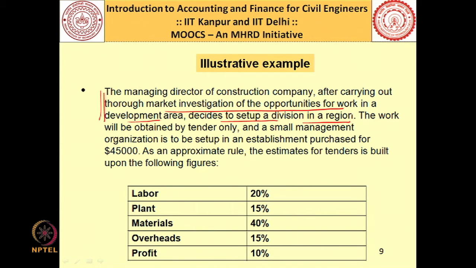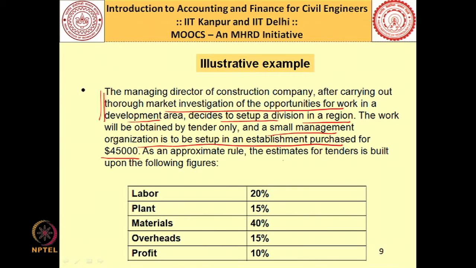The work will be obtained by tender only, as is the case in most cases, and a small management organization is to be set up in an establishment which has been purchased for $45,000. So, the company has invested $45,000 to purchase a small management organization in a particular locality.